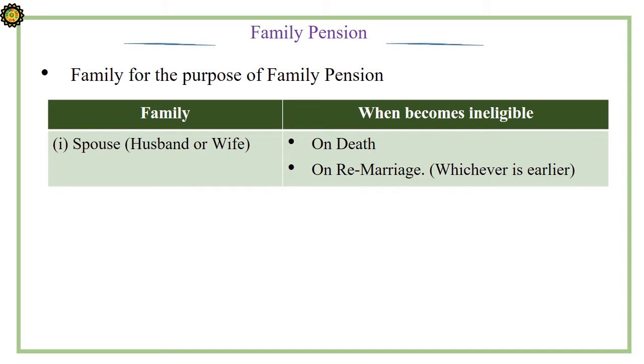Family for the purpose of family pension. Spouse, husband or wife, when they will become ineligible on death or on remarriage, whichever is earlier.